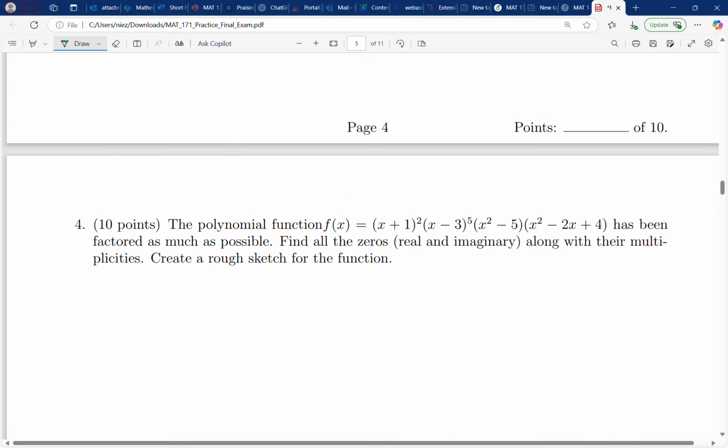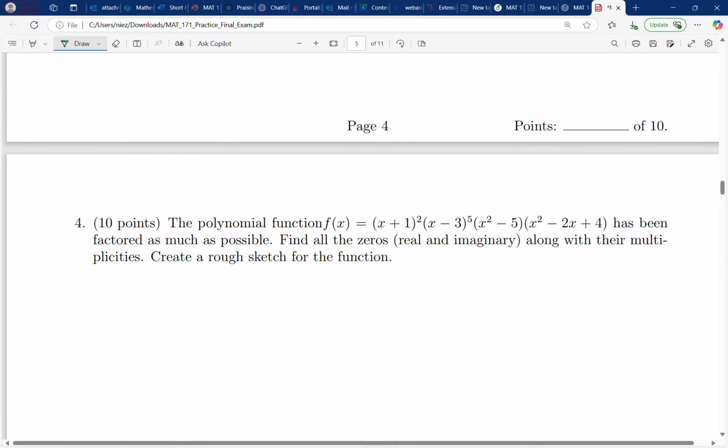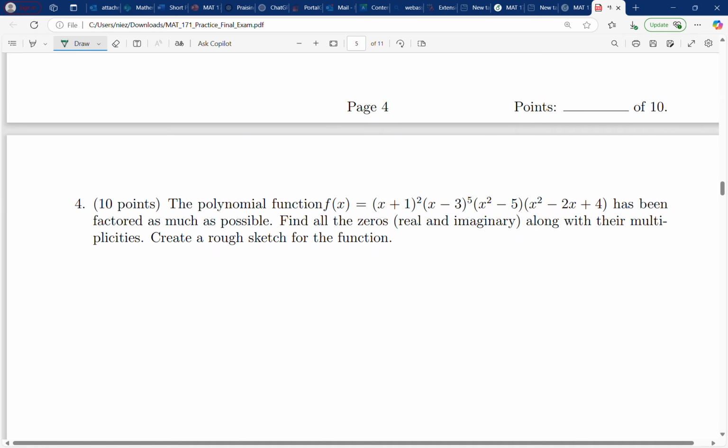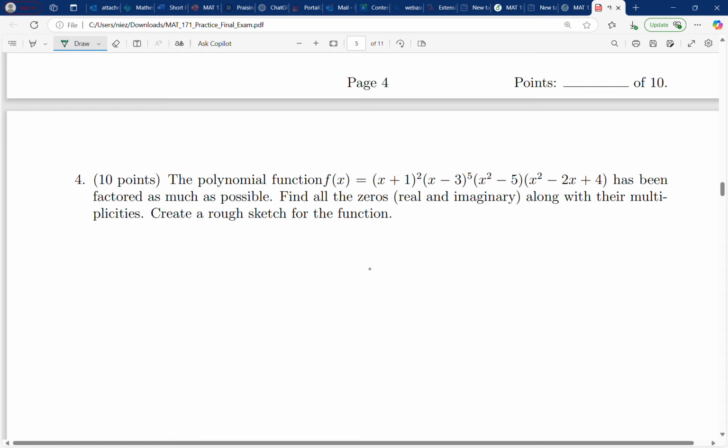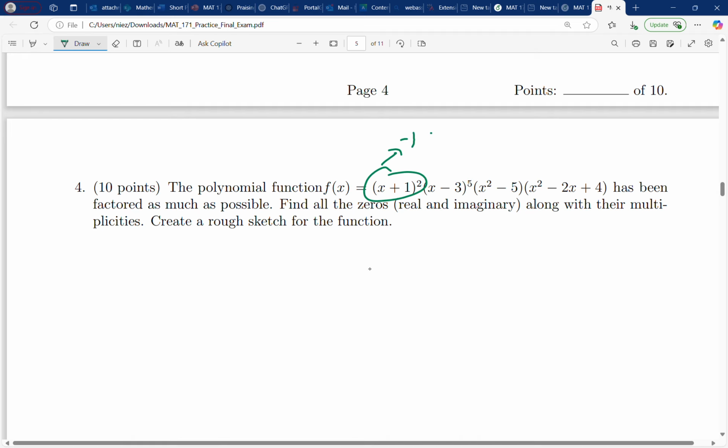Okay. Now number 4. Find the zeros. So you see here, this gives you 0, negative 1. You let f of x equal 0. This one, you're finding negative 1 with multiplicity 2. This 0, 1 with multiplicity 2.